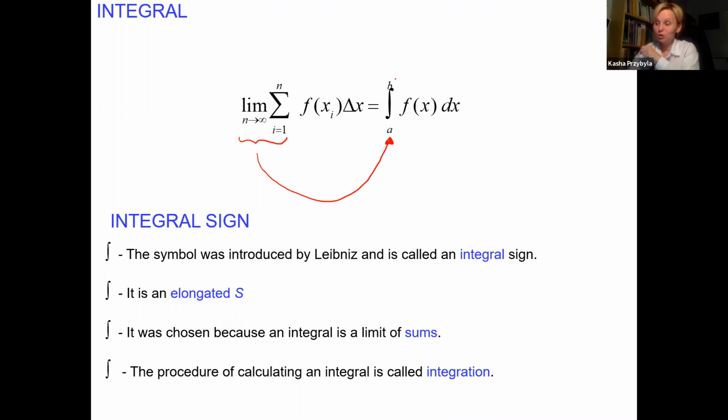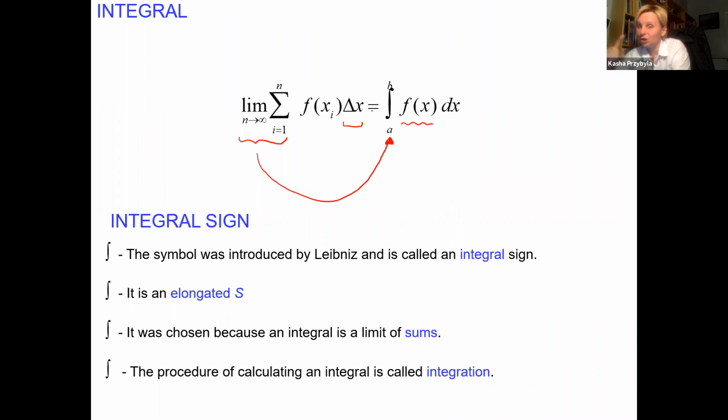Limit of the sum means the integral. We will integrate a function f of x. This is important: integrating f of x. Delta x was the base of this rectangle, so it had an amount, the tiny line segment.